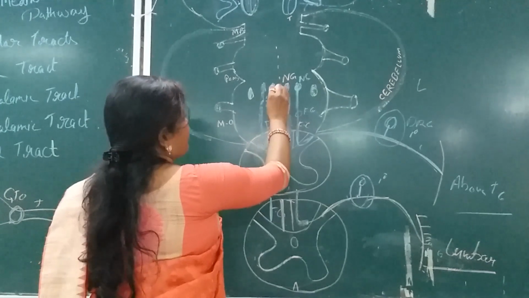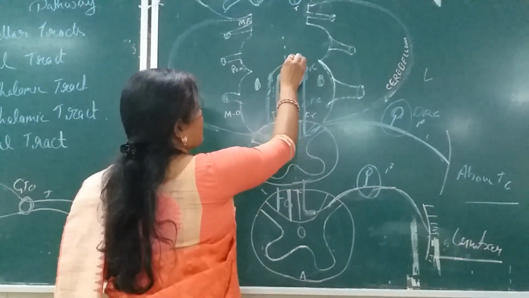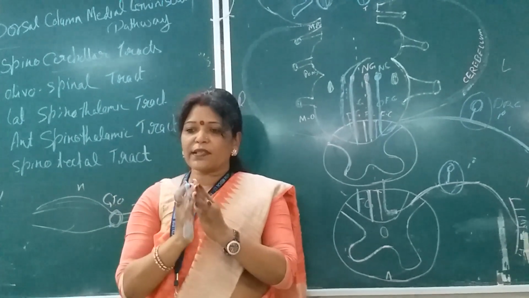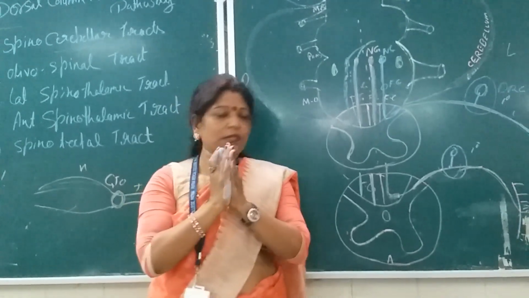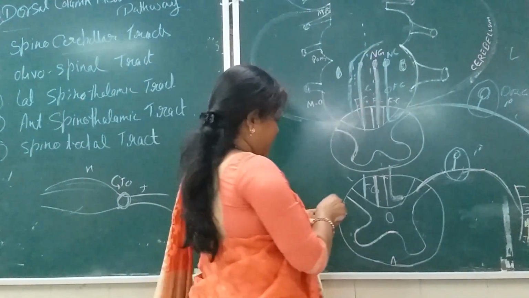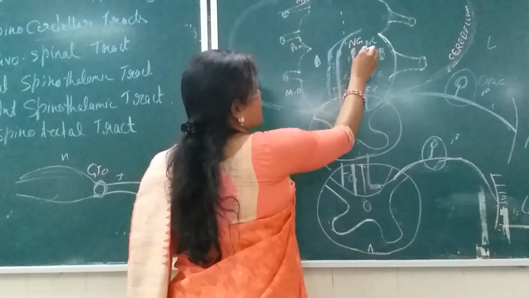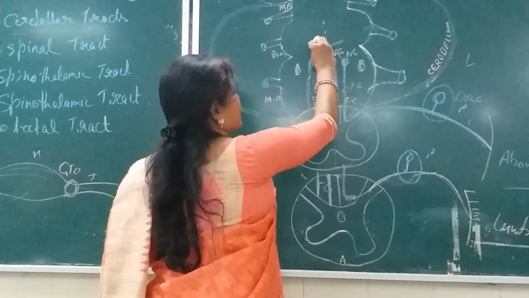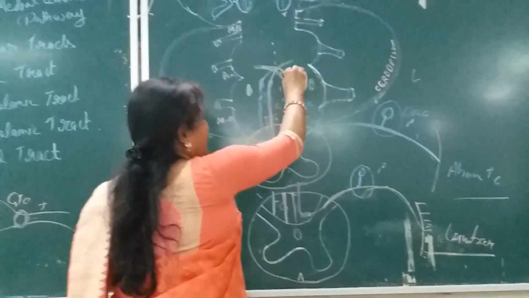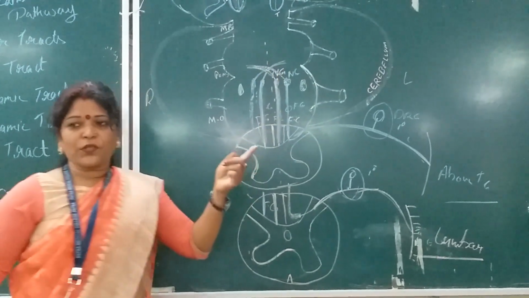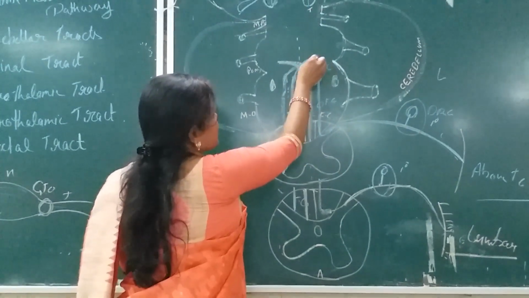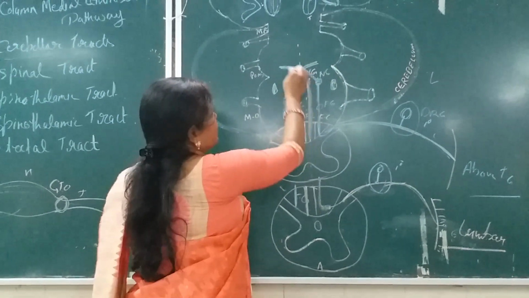Now what happens? From both sides the tracts unite, the fasciculus gracilis as well as the fasciculus cuneatus, merge, and finally they cross to the opposite side. So there is a crossing of fibers here in the medulla oblongata.